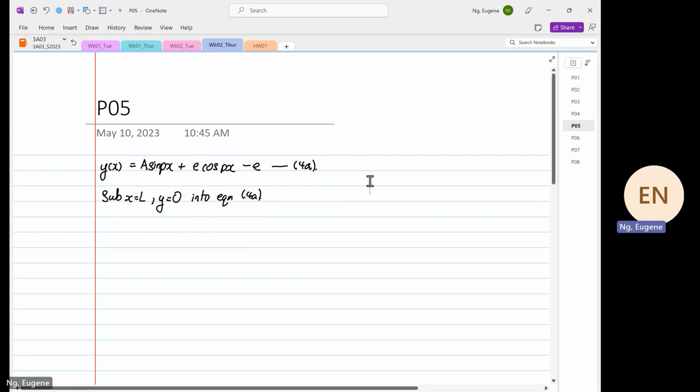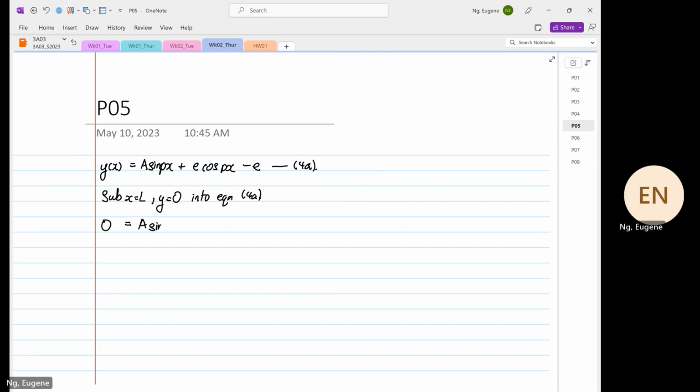So this will be equal to 0, and then we have A sine PL plus E cos PL, and then we have the whole thing minus E. Okay. So if I were to move things around, I will have A sine PL is equal to E minus E cos PL.